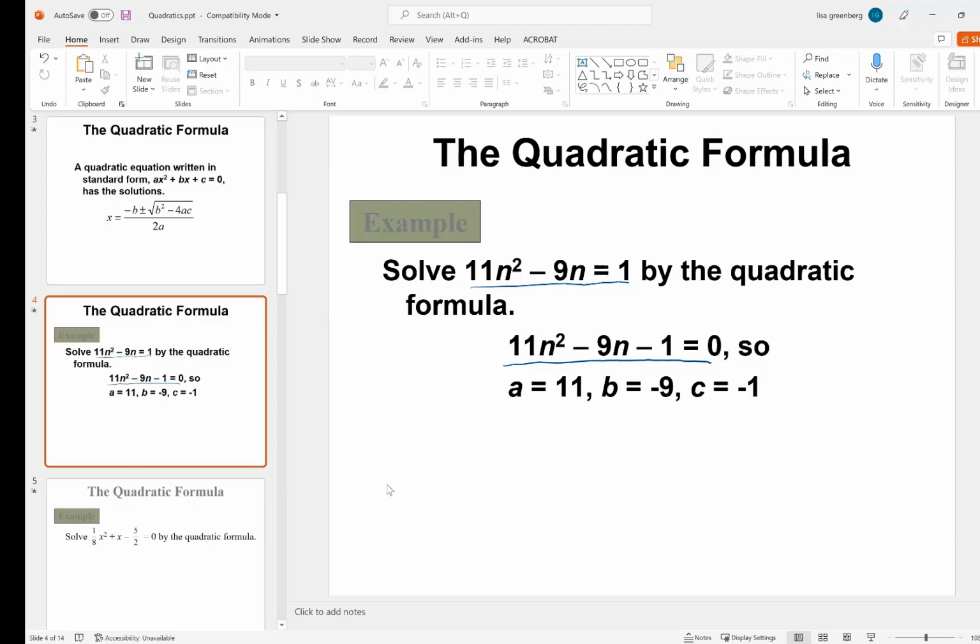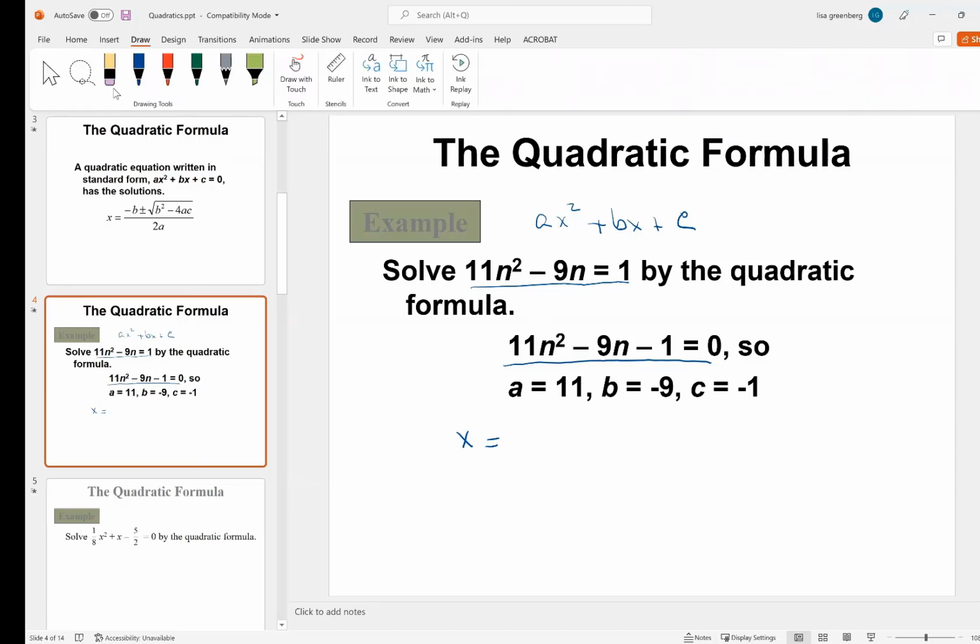And I can see if I'm always using ax squared plus bx plus c, that a is going to be 11, b is negative 9, and c is negative 1. Now all I do is just plug it in. So here we have x is going to be equal to negative b plus or minus the square root of b squared minus 4ac over 2a.